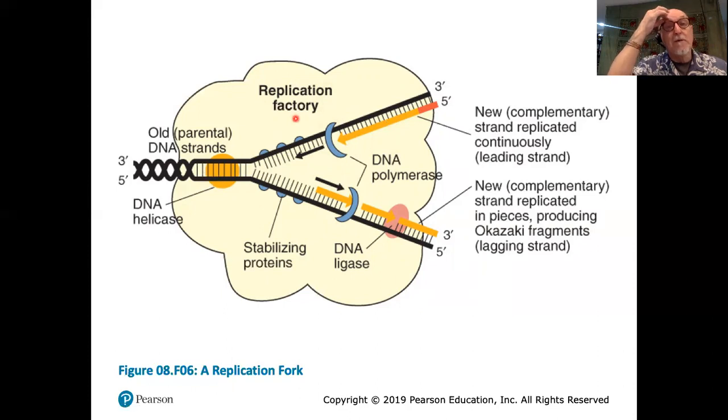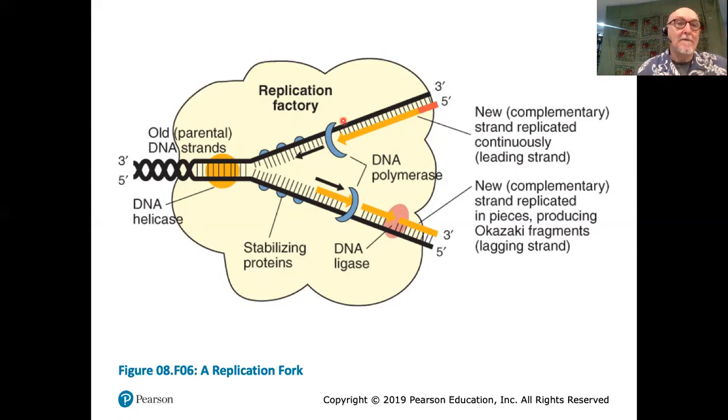So in prokaryotes, when the cell needs to divide and needs to replicate the DNA, cellular messengers are sent to enzymes, et cetera, and the replication factory assembles and begins to perform the replication at that place where the DNA chromosome is attached to the cell membrane at the origin, O-R-I, and it will begin there.